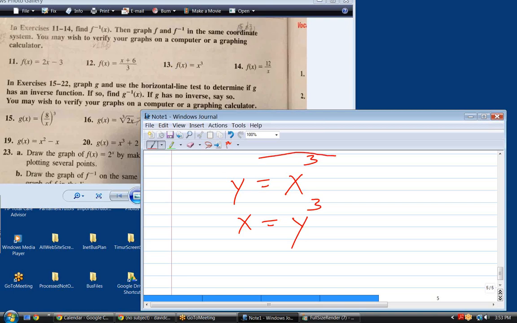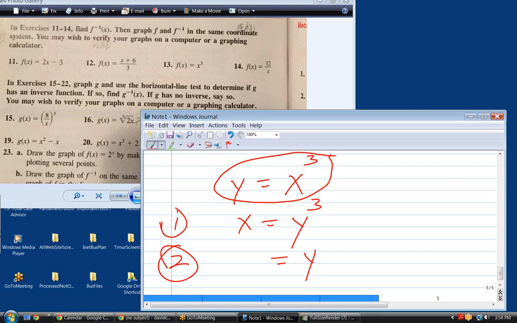This is the same function we started with. So in order to come up with the inverse, we have to then apply our two rules. We have to switch the variables, which I've done here. Now, solve for y. What's y equal to here?